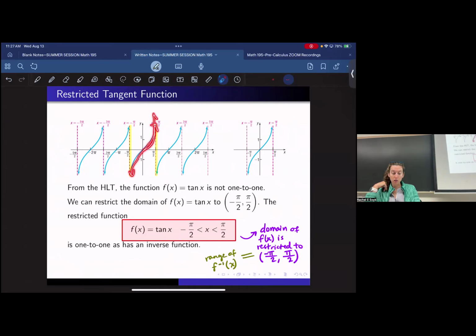We have no restrictions for our y values in both the positive and negative direction. So we get our range to be, and again, range of f of x is negative infinity to positive infinity. Which means that is our domain of our inverse.